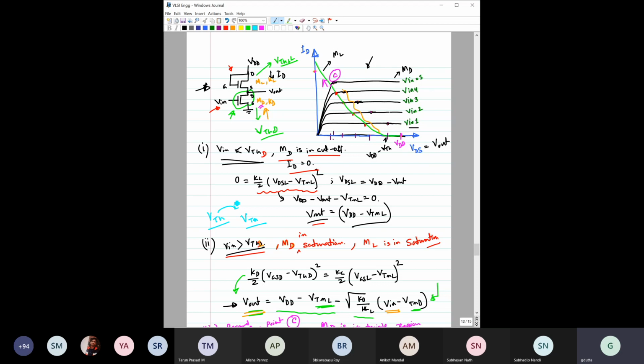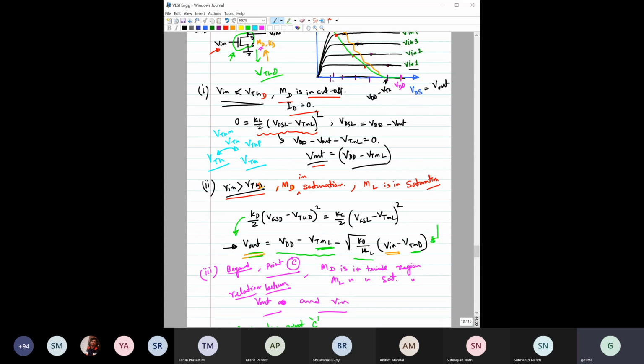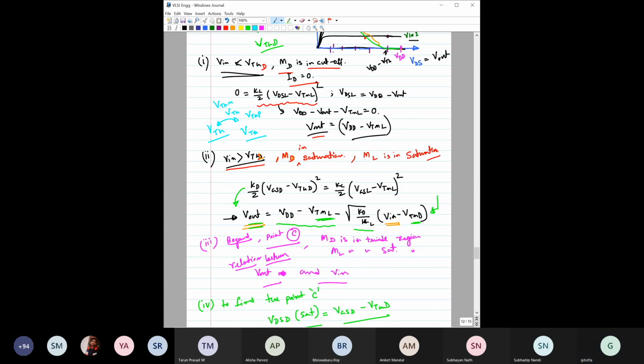Please stick to any one, either VTN or VTH. I think it is better to stick with VTH only, because generally we write VTHN for NMOS and VTHP for PMOS. Sorry for the confusion. So is this part clear now?